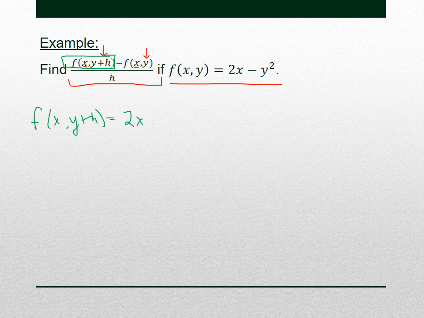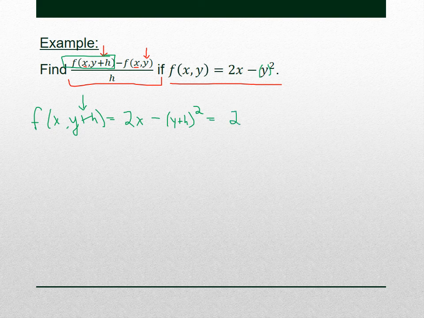And instead of y, we'll plug in a y plus h. So 2, and then the x is still an x, minus, and then wherever that y was, we're going to plug in whatever's in this second slot, which is y plus h. And again, parentheses are important there. And it's y plus h, that whole thing squared.